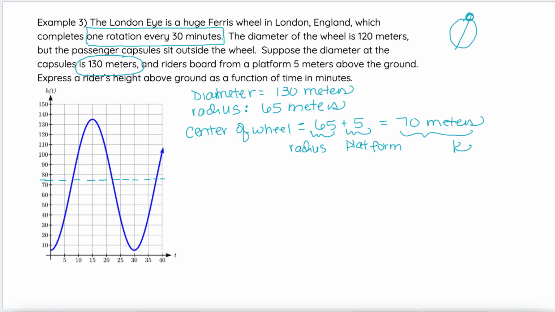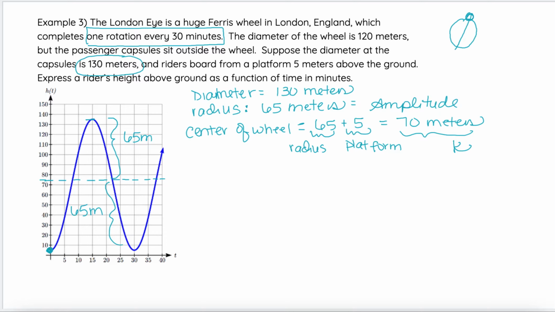This 65 meters here represents the amplitude. So from the highest point down would be 65 meters. And from the midline down is also 65 meters. So as it's rotating up and down, we also can see that where we start is 5 above the ground because we're on a platform.